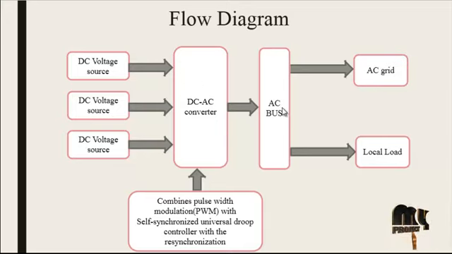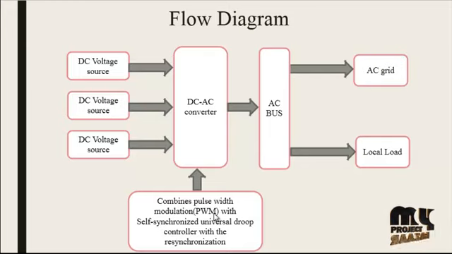the common AC bus. From the AC bus we can segregate to the AC grid and the local load, where we can use substations and different types of load. For the local load, the resistive load will be important, and these control pulses are given for the synchronization method for the droop characteristics method, integrated with the PWM method.